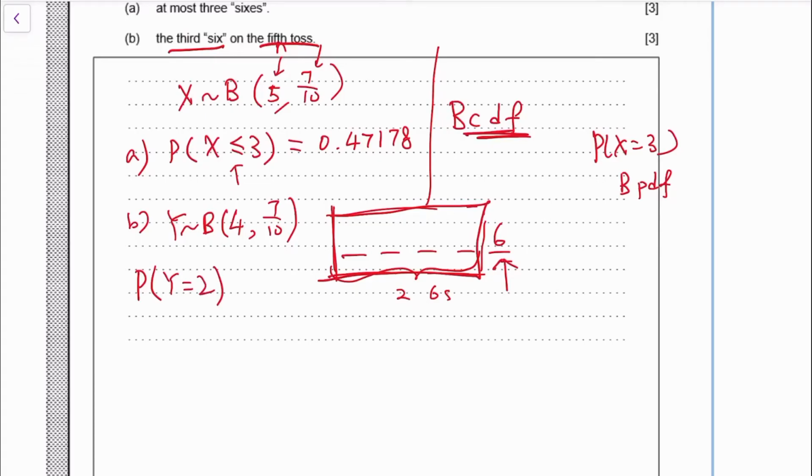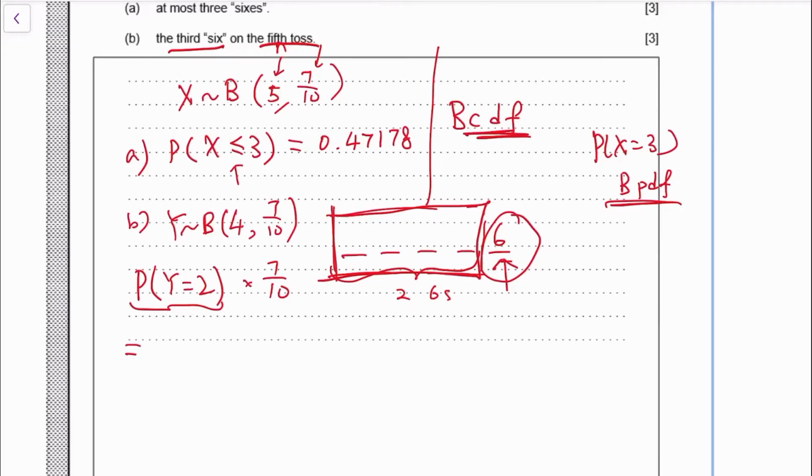And then you need another 6 at the end. So the probability of getting a 6 is 7 over 10, so you multiply by another 7 over 10. As I said, this would be binomial PDF, except the number of trials becomes 4 this time.